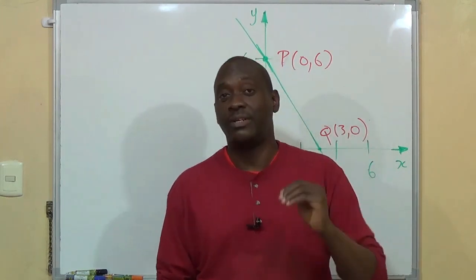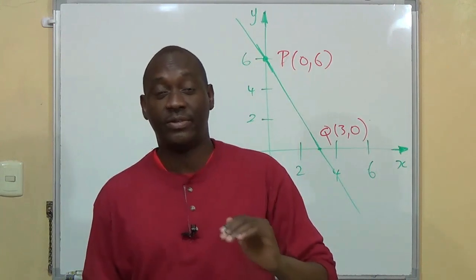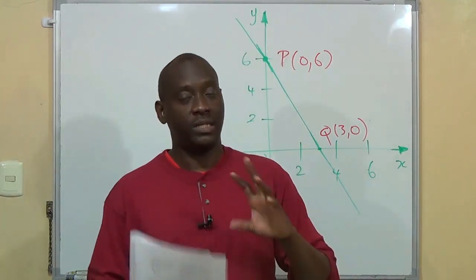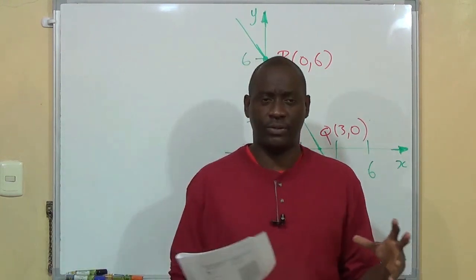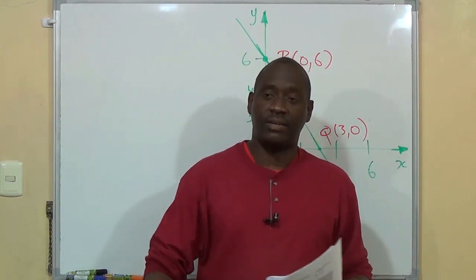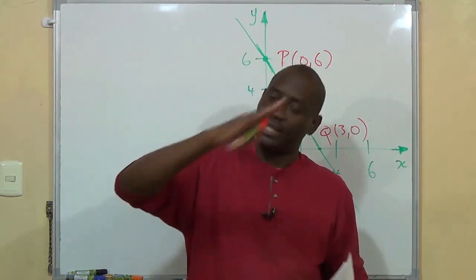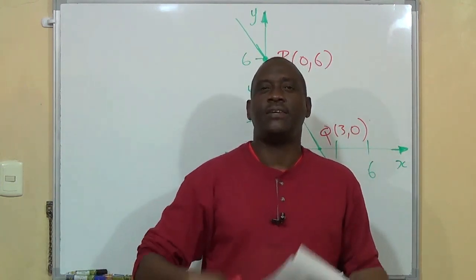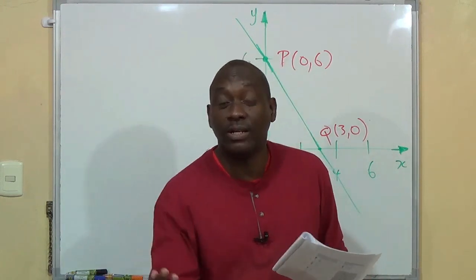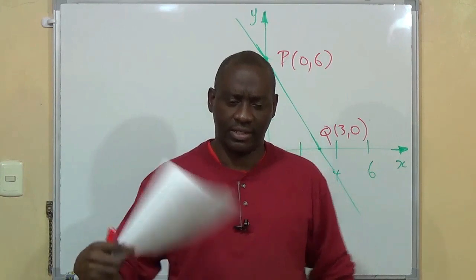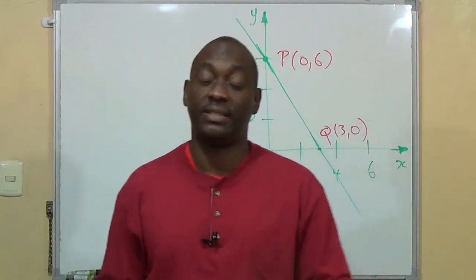Now, I would have covered that in a separate video in another place, which you could look for and find. I did a whole video series on the gradient of a line, and somewhere in there I would have actually drawn lines of different gradients just to give you an idea of what a gradient of 1 looks like, what a gradient of 2 looks like, what a gradient of 3 looks like, what a gradient of a half, 1/3, a quarter, etc. looks like.